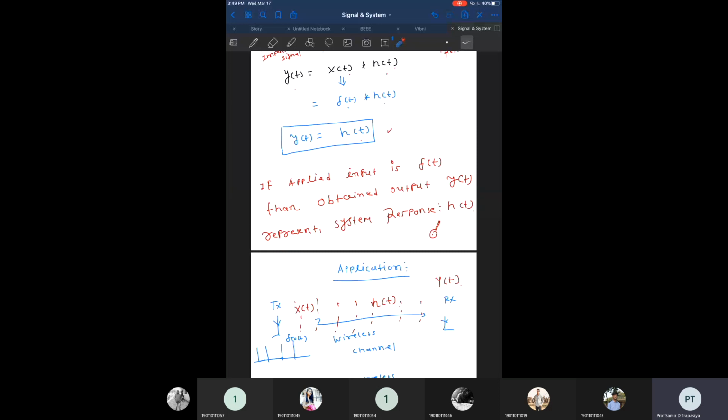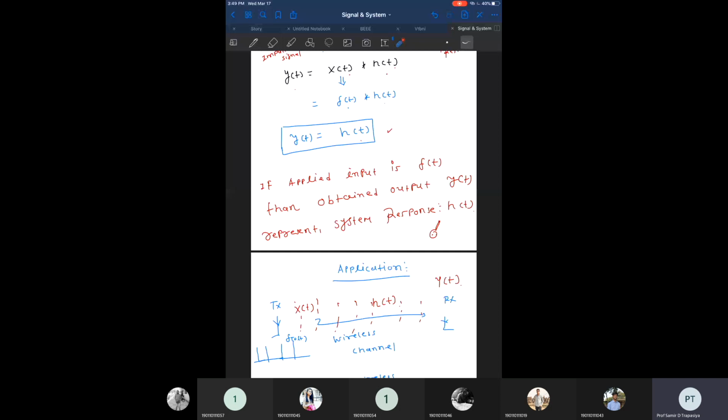And what is the application? If we are transmitting some signal from a transmitter, and at the receiver end we are receiving something, let's assume the transmitted signal is x of t and the received signal is y of t.